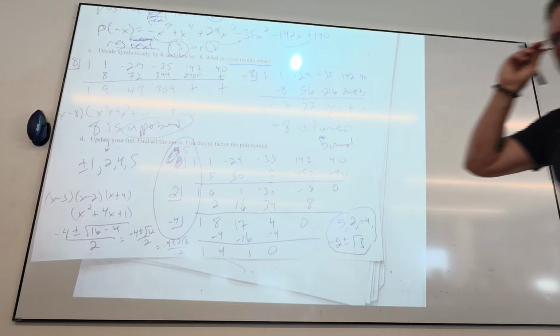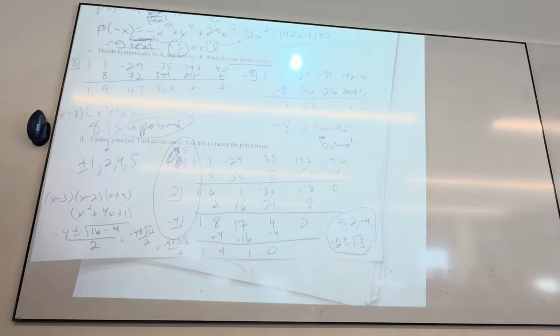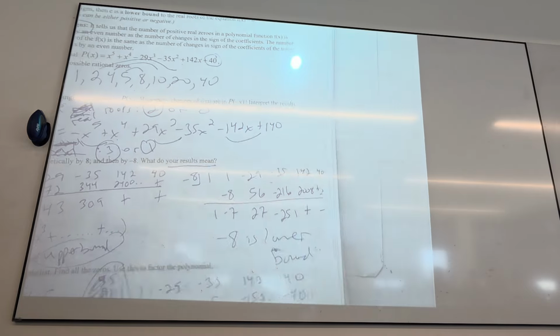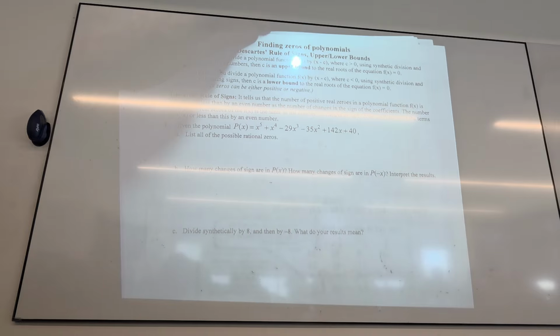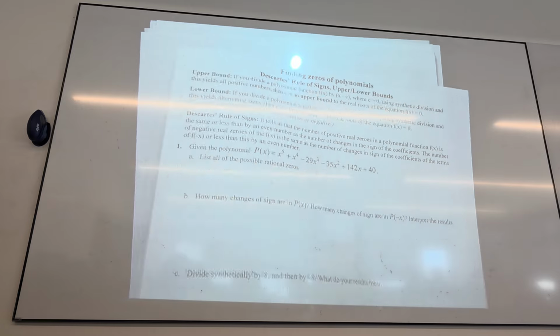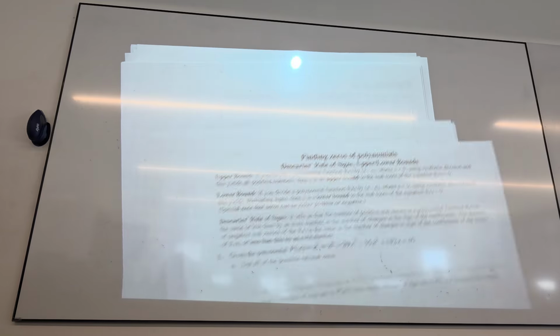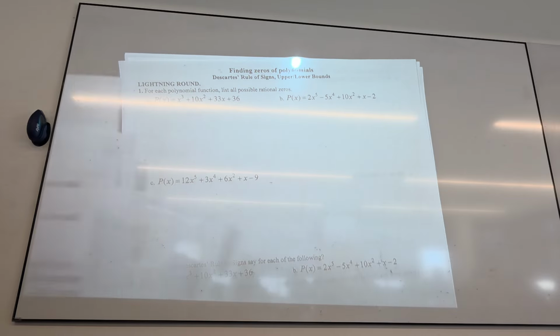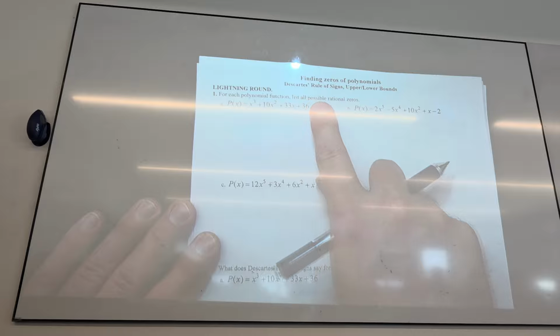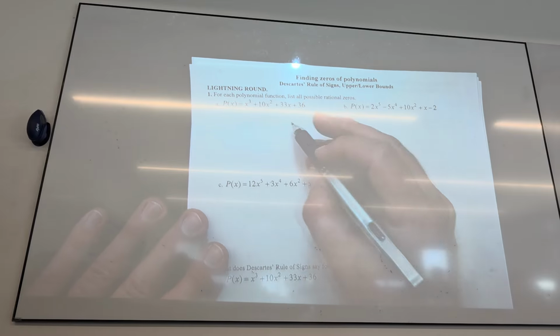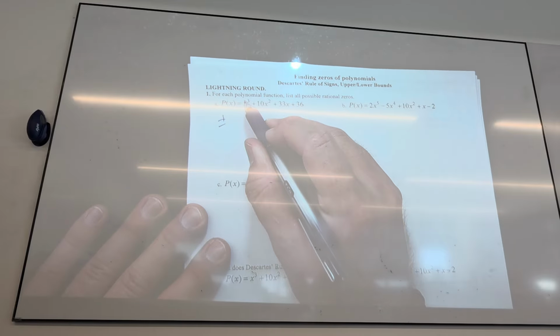All right, so how are we doing on this? These should be relatively quick. Where have I put you guys? There you go. Oh, you're not trying to find the zeros. You just want the list of all possible rational zeros. So this one's not too bad because the first number's a 1.